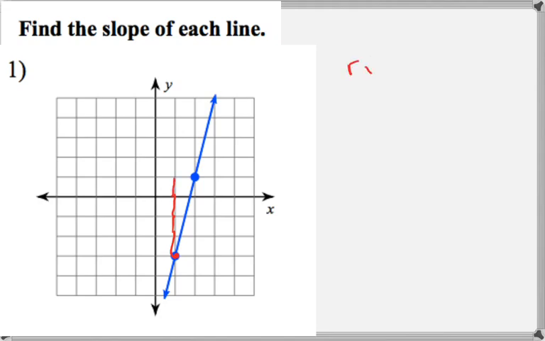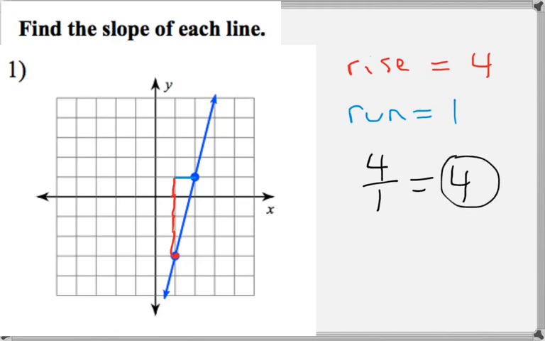So our rise is 4. Our run is how far right or left we need to travel. We would need to go over in the positive direction 1. So our run is a positive 1. So slope is always rise over run. So our slope would be 4 over 1, which we could simplify to just a 4.